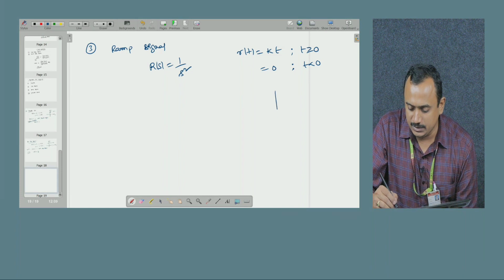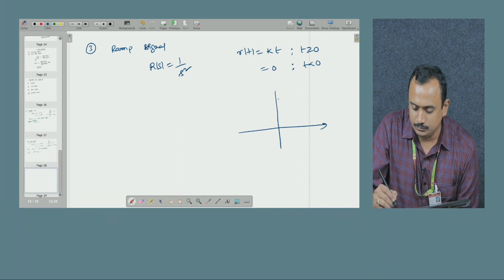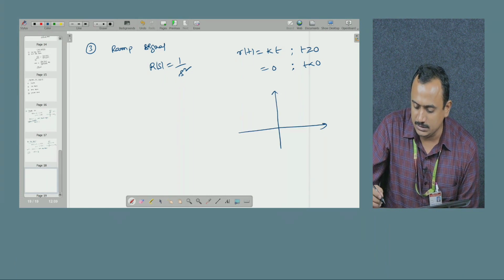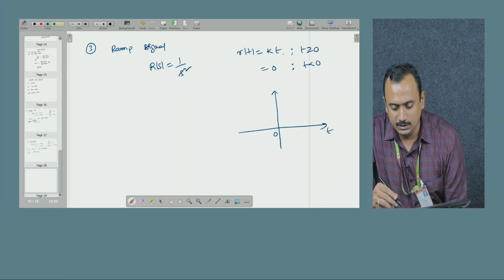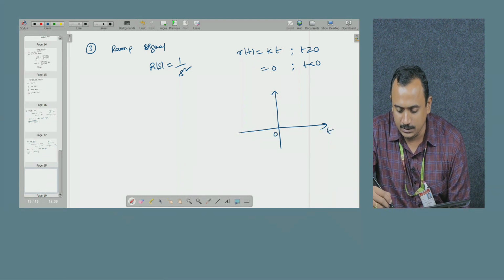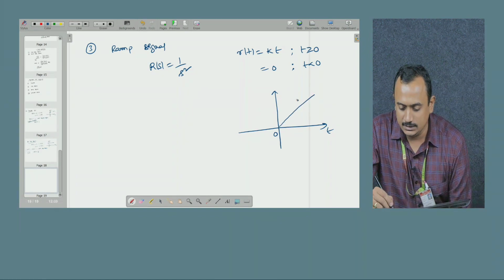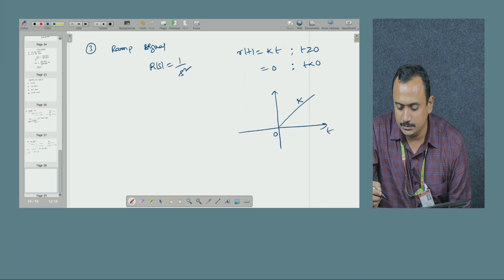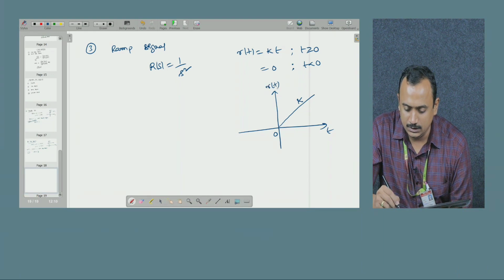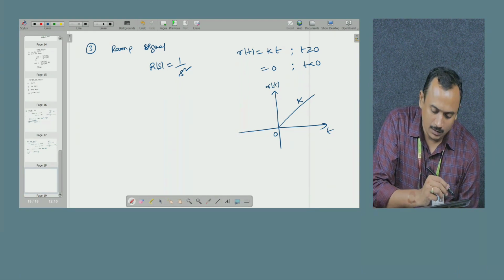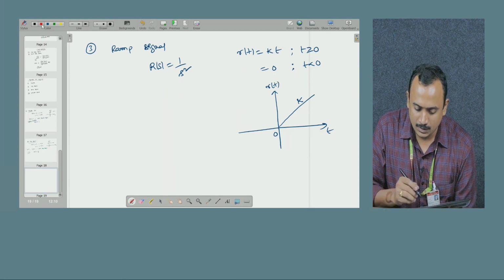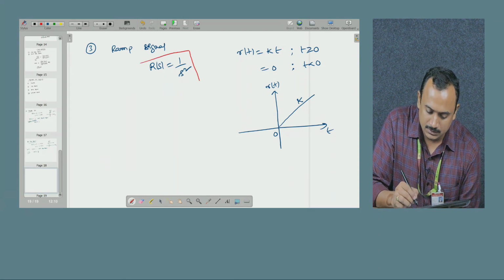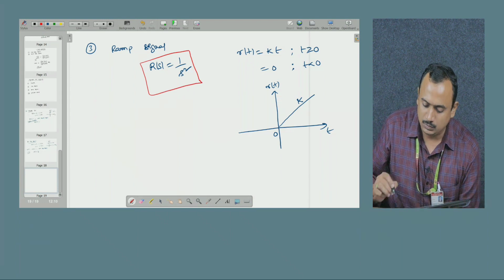That is the mathematical equation, and from the graphical representation, it starts at 0, and since it is t, it increases linearly with respect to time. Let us say this magnitude is some k, and this is your r of t, and the Laplace transform is r of s is equal to 1 by s square.